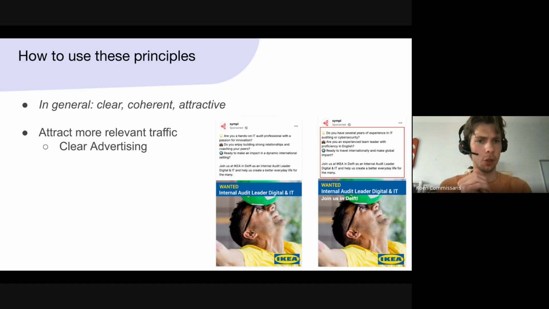As you can see on the screen, there are two versions of the same ad. The left one has a more generic advertising text that is also okay. But the right advertising goes more specifically into what requirements you have, for instance, the years of experience in the field of IT auditing, the communication skills as a team leader, and the proficiency in English.